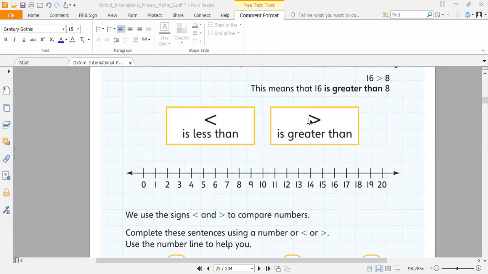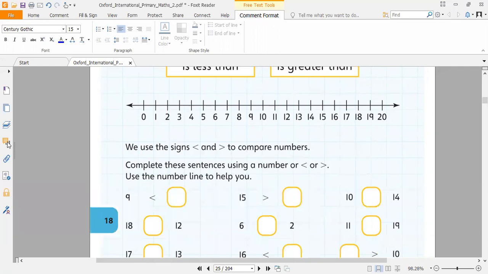You can also remember it like this: if the mouth of the sign is opened to the left, you can learn it as the greater than sign, and if the mouth of the sign is opened to the right side, then you can learn it as the less than sign. So this is the trick. We use the signs less than and greater than to compare numbers.